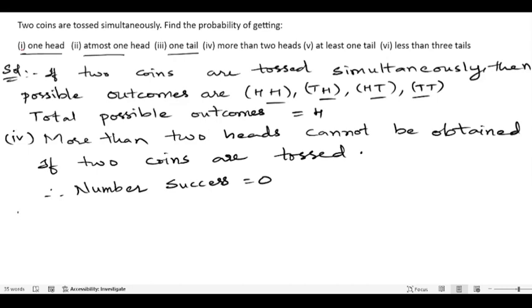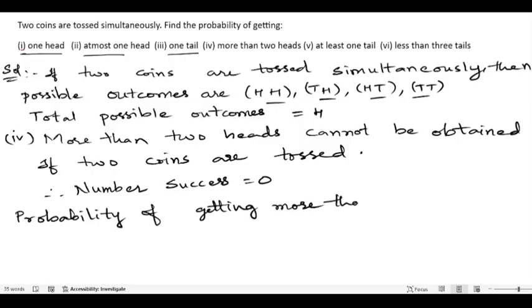So we can write probability of getting more than 2 heads. So number of success is 0 upon 4 is equal to 0, since 0 by anything is 0.